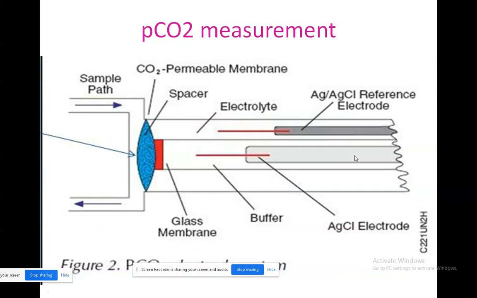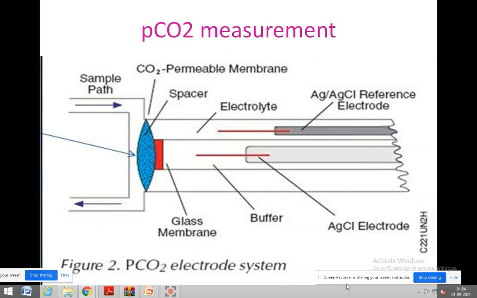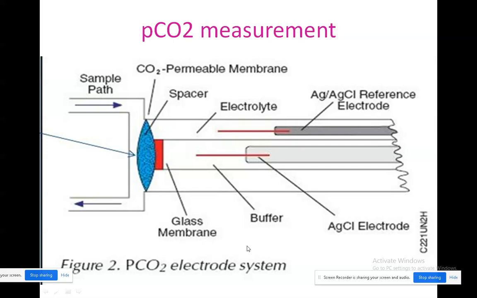This is one more setup for a PCO2 measurement. This is different from that. It is more or less similar, but there is a little change: here you will be using a spacer in the glass membrane.